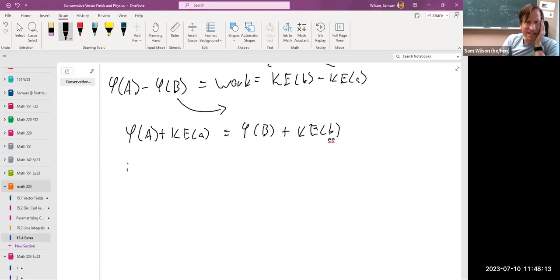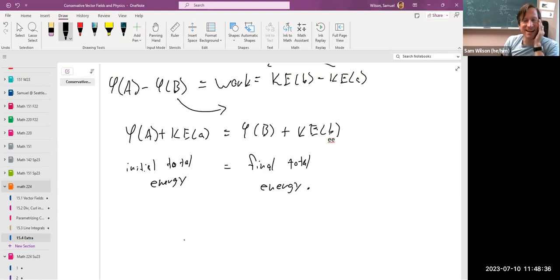But look, over here on the left, we have the initial total energy, and on the right, we have the final total energy, the total energy at the end of the motion.